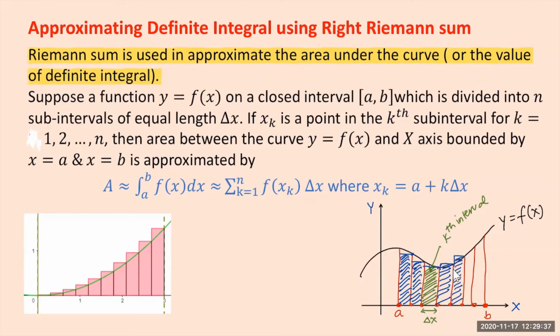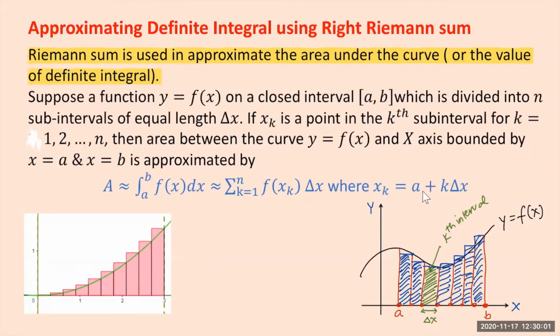Here also, if I do it from the right, that will be overestimating. So you can see the concept is exactly the same, but when we are completing the rectangle, we do it from the right. Everything is the same here except xk, because we are going to the right.